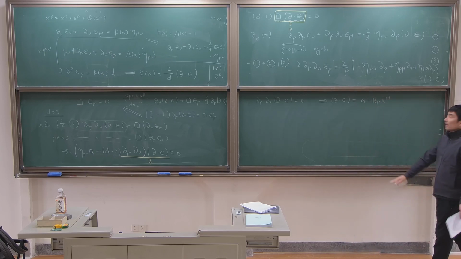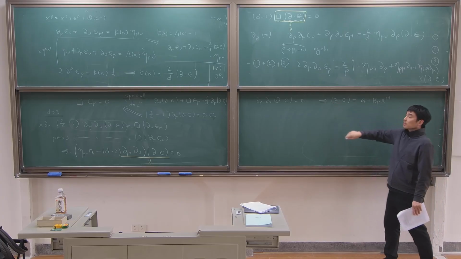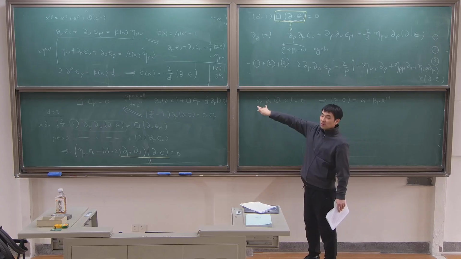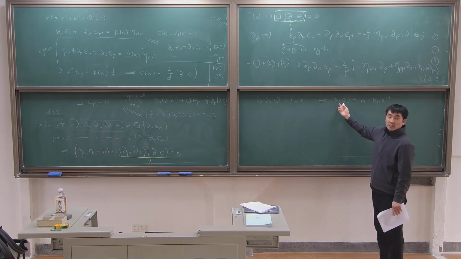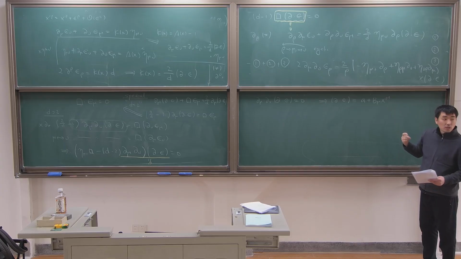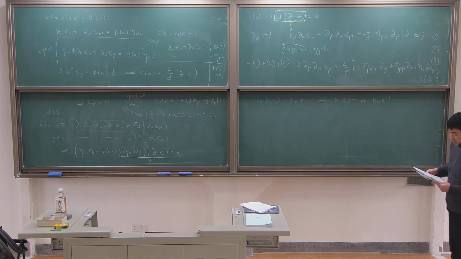Okay, so it's a scalar quantity. It's a scalar quantity, so therefore it's some scalar times a vector times x mu. Okay, because it's quadratic, the derivative should annihilate this guy, so therefore it has to be at most linear in x. Okay, at most linear in x.